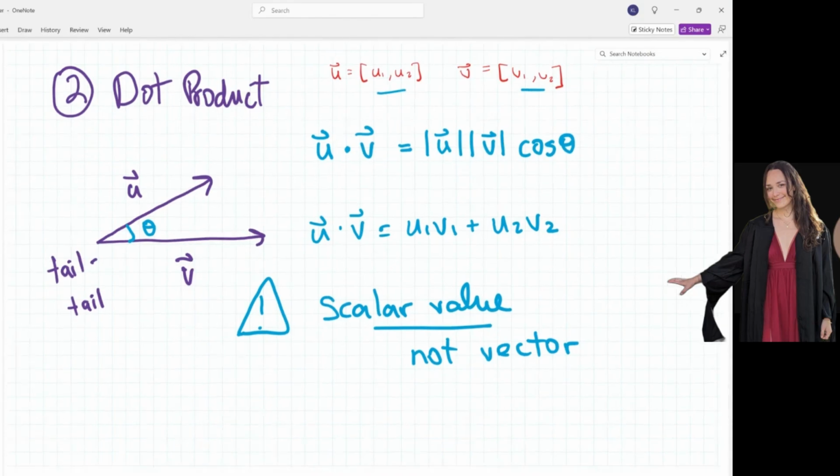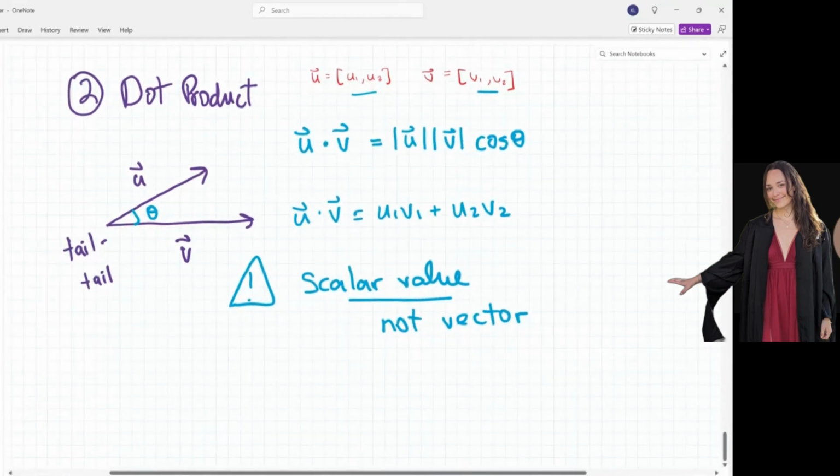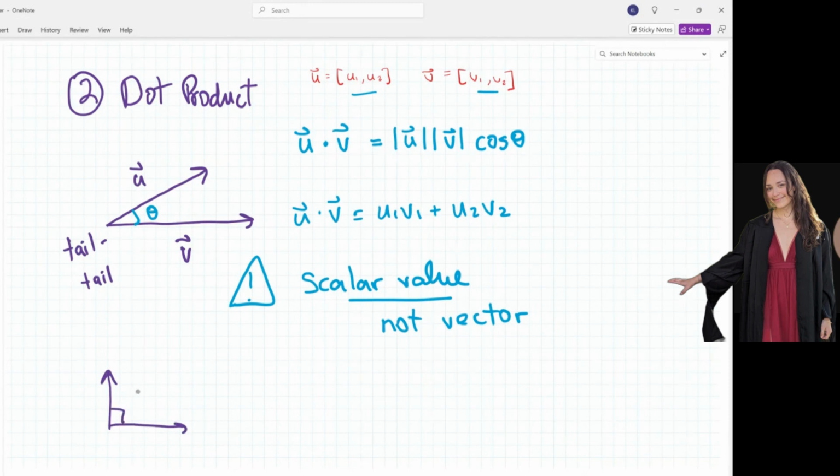And the other thing is dot product is often used to determine whether two vectors are orthogonal. So orthogonal means perpendicular. So if two vectors are perpendicular, that means the angle between them, theta, equals 90 degrees. And I want us to think about the cosine function.